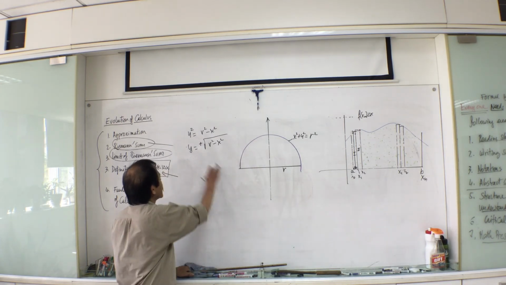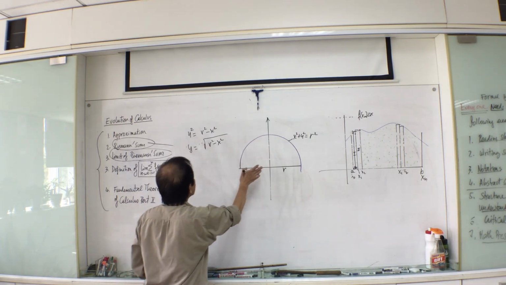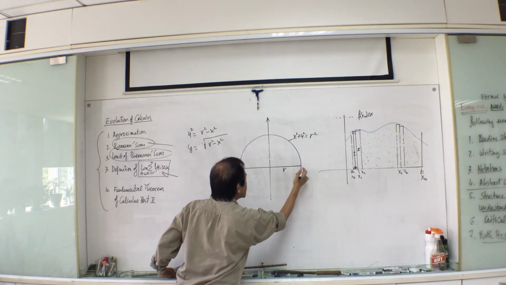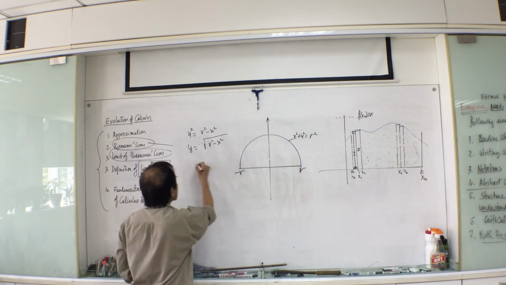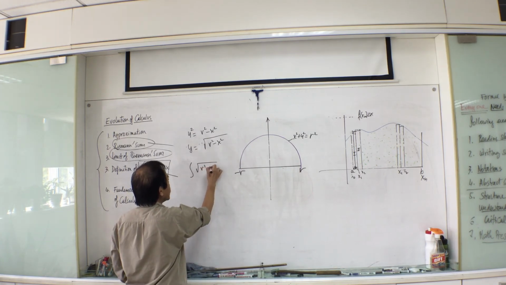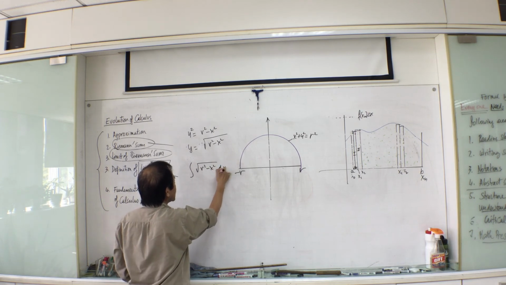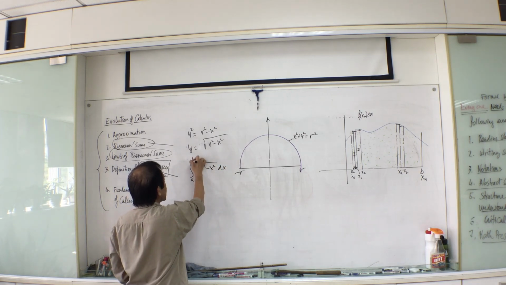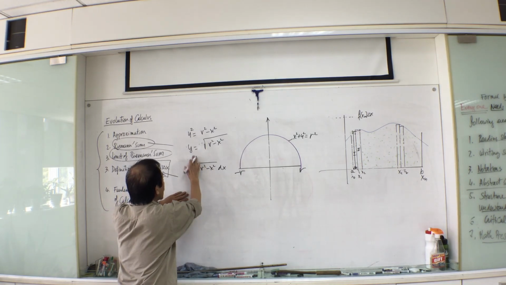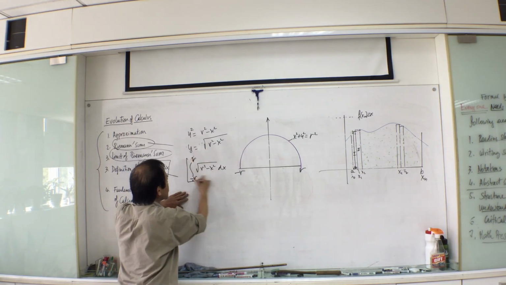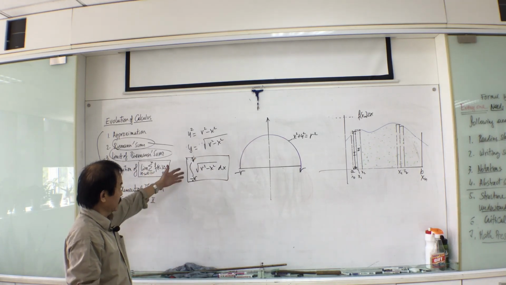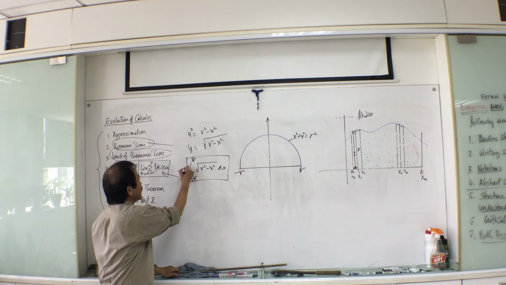So therefore, I find only the half of the circle and multiply by 2. Okay. So now the fundamental theorem of calculus: if you find the area from negative r to r, all you need to do is write the function here, the root of r squared minus h squared dx, right? You aggregate from a to b, which is from minus r to r. This one here represents half the area of the circle, and you multiply by 2.